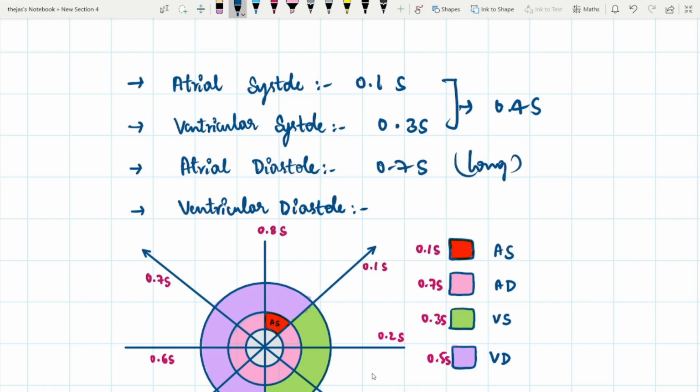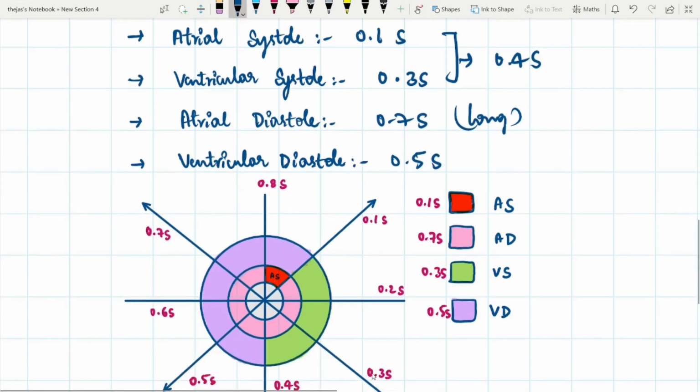Usually the systole phase is short; you can call it a rapid phase or short phase. And the ventricular diastole takes place in around 0.5 second. This is also long. So you can see here the atrial systole and ventricular systole together lead to the diastolic phase. It's around 0.4 second. Okay, and then if we add all, we should get 0.8 seconds, right?